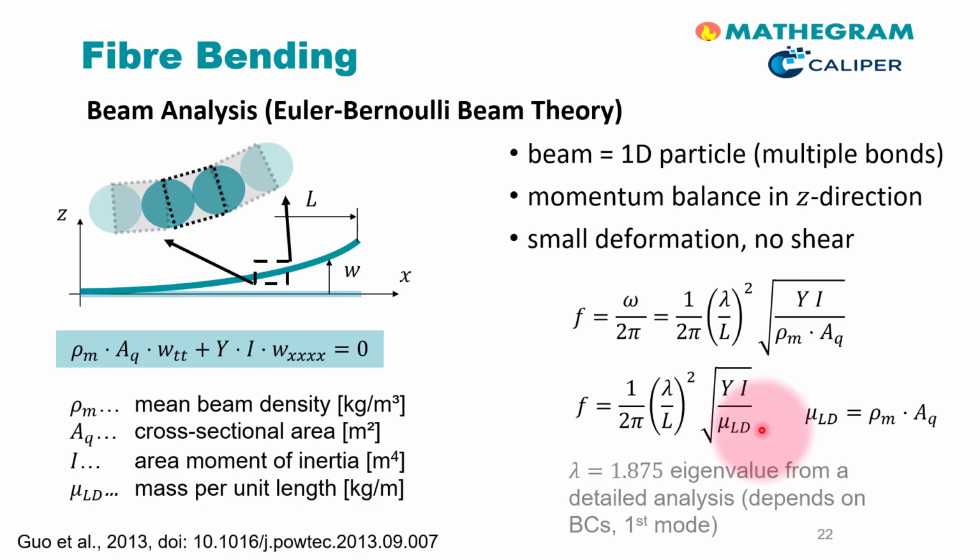Also, we note that the eigenvalue for the beam deformation sketched here on this slide has a value of 1.875. We note in passing that these eigenvalues depend on the boundary conditions, i.e. how the beam is suspended, and that there are multiple eigenvalues, but we here look only at the lowest one as already mentioned.